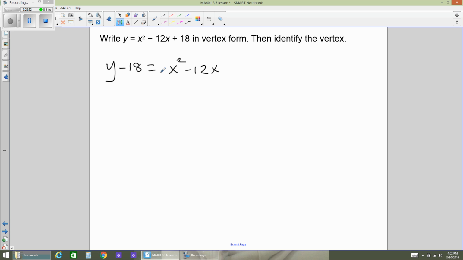Check the a value. Yep, sure enough, it's positive 1. Take half of b, square it, add it to both sides. So y minus 18, I'm going to leave some space so it'll fit there. Here's x squared minus 12x. Half of negative 12 is negative 6. Negative 6 squared is 36.